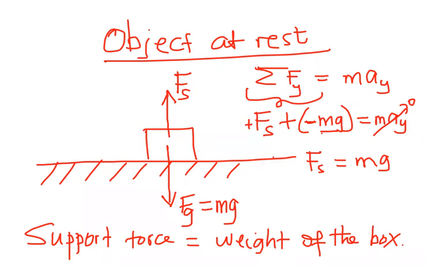Now we are going to see different situations whereby the support force will not necessarily be equal to the weight of the box. For example, let's see a case whereby you push the box downward. Imagine pushing the box downward.